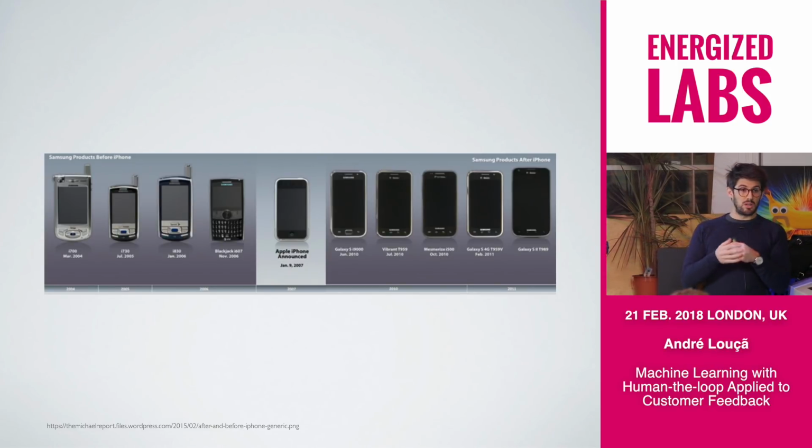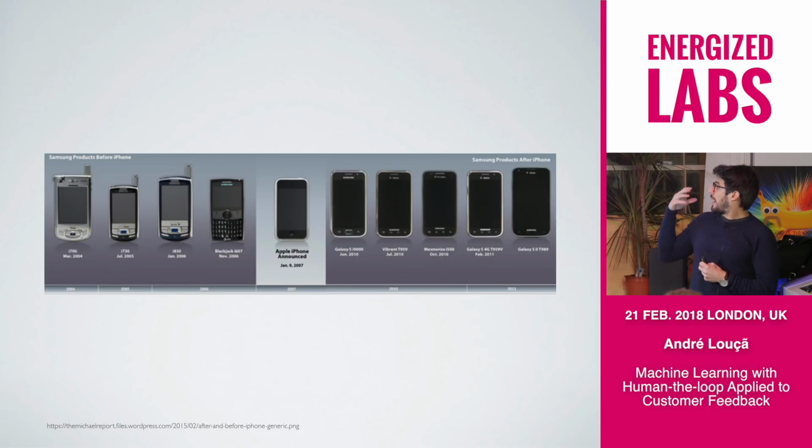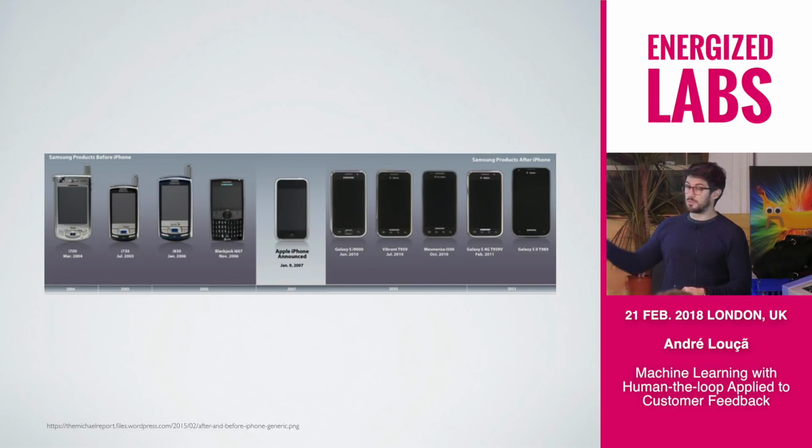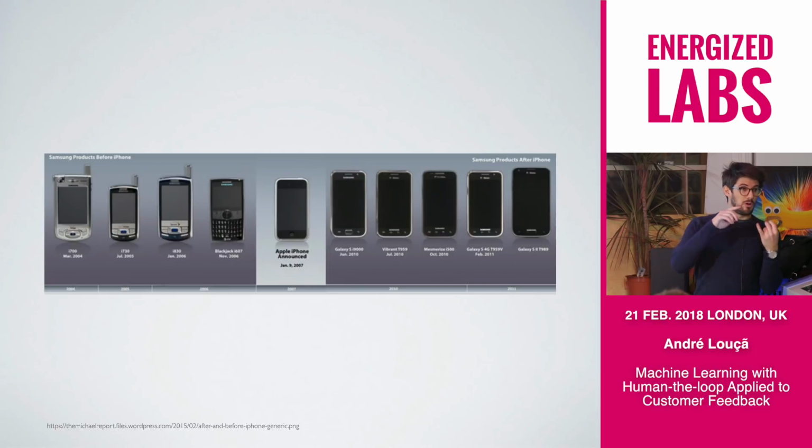The big screen is the way to go. And if you think about the customer feedback describing a phone before the iPhone, it was about physical keys, about antennas, and now after the iPhone it is about cracked screens and so on. So it's totally different. The data changed.